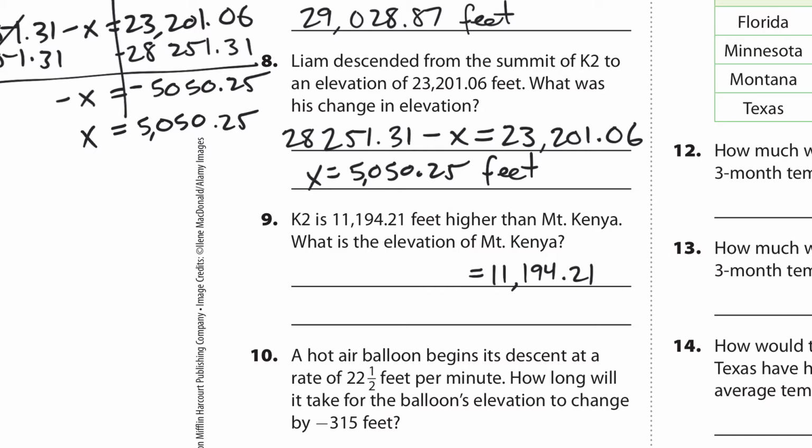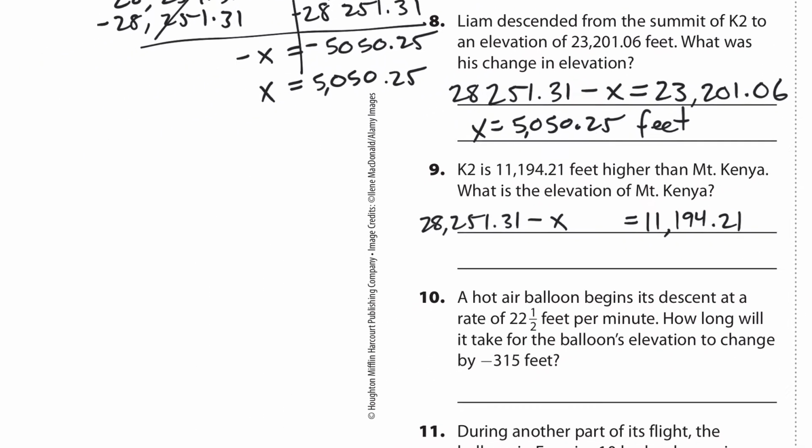And we need the height of K2, which was 28,251.31. So K2 is higher than that. How much? It's 11,000 feet higher. So what is the elevation of it? That means we have to subtract x here to figure that out, and x will be the elevation of Mount Kenya.